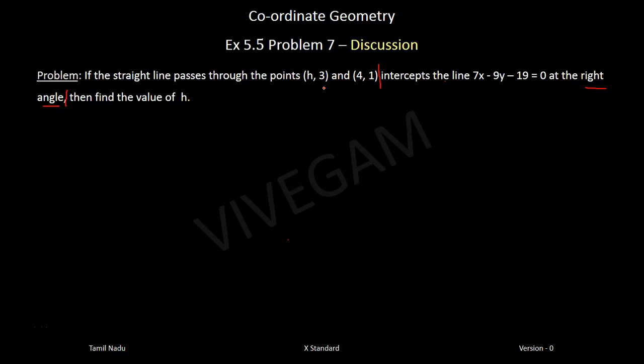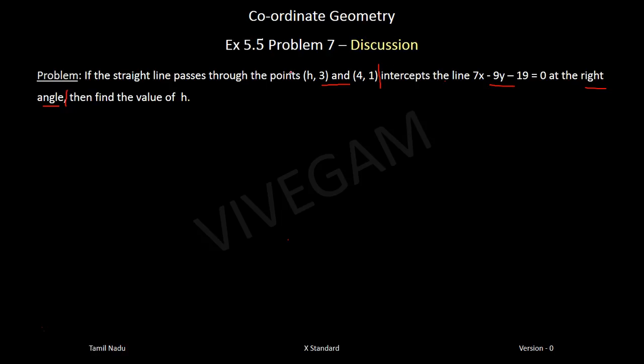So apart from underlining what is given in the problem, you should know how to break this problem. If you read it totally, it will be very confusing. Now if you read this in three parts, this is one part, from here intercepts to right angle is another part, and then this is another part, it becomes much easier.